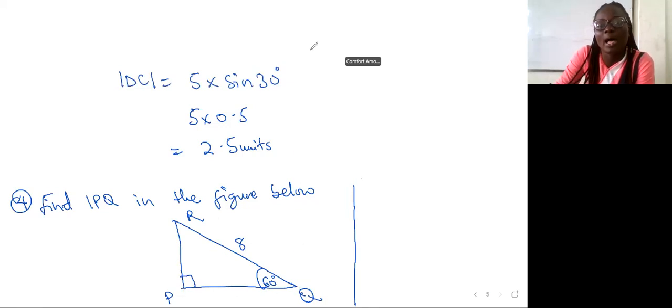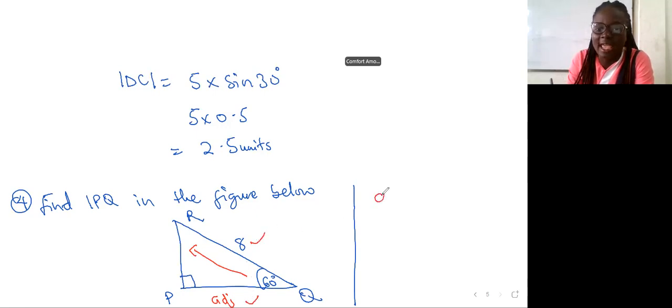So let's label our right angle triangle. The angle is directly opposite to this side, PR, and adjacent to this side. So our focus will be on the adjacent and the hypotenuse.